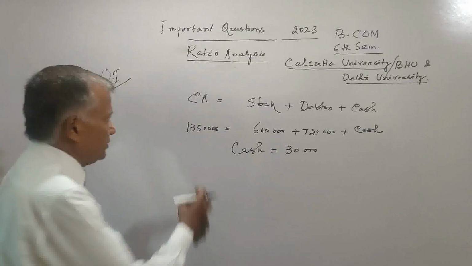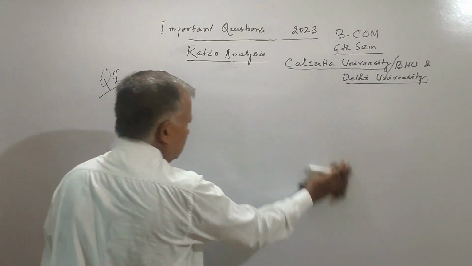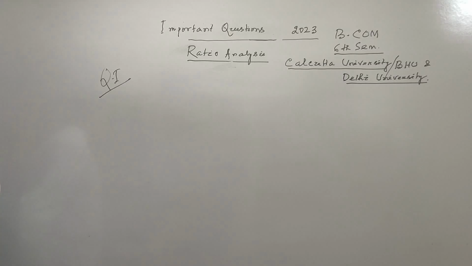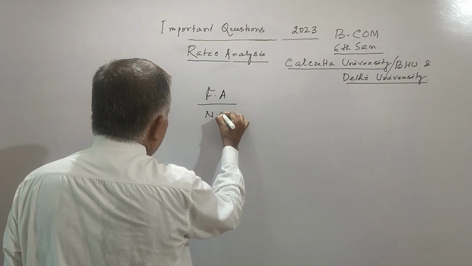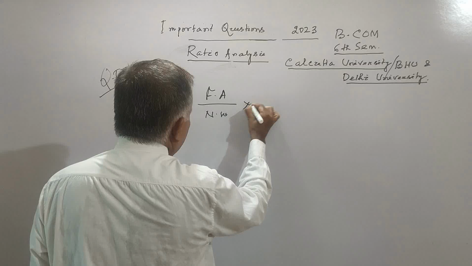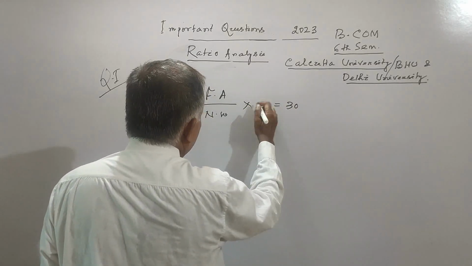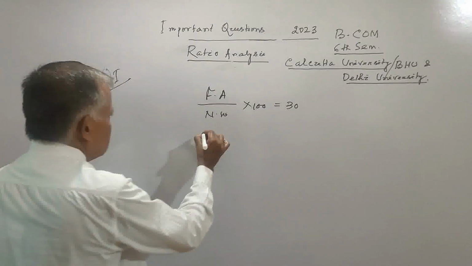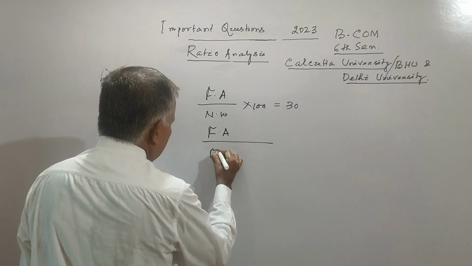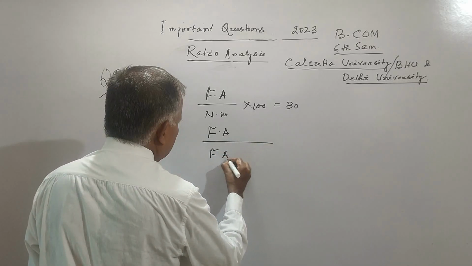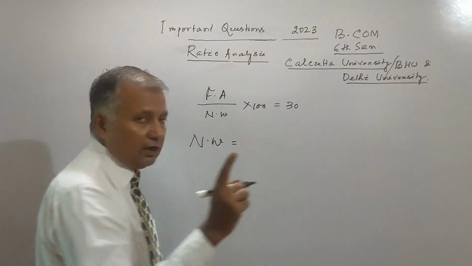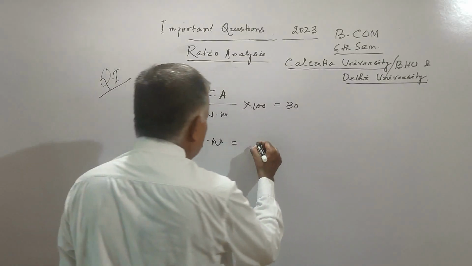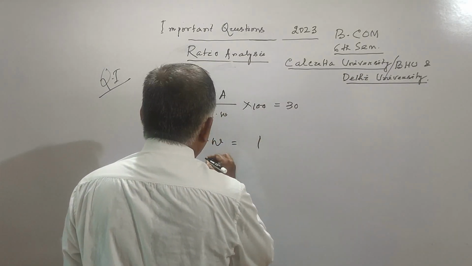Then comes the fixed asset. The fixed asset to net worth: fixed asset divided by net worth into 100 is equal to 30%.